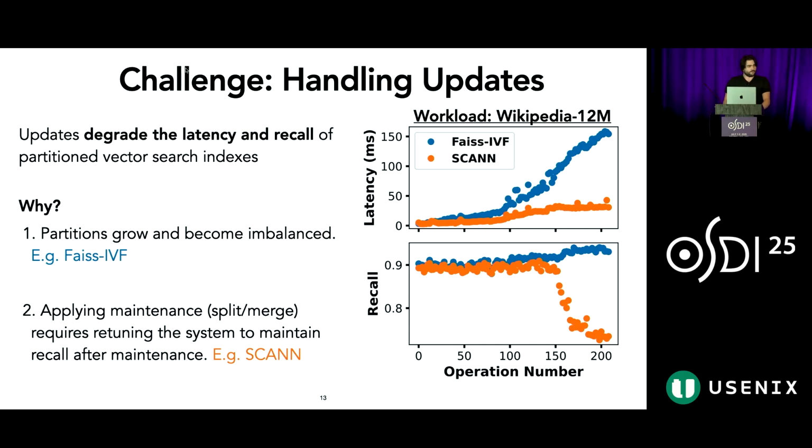You can see that FAISS IVF's performance explodes over time because the partitions become imbalanced, and it has to scan extremely large partitions in order to reach a high recall target. SCANN is able to mitigate this through splitting and merging, but if you look at the recall plot, you see that its recall falls off a cliff. This is because it's constantly adding more partitions to the index, and therefore you need to tune nprobe, the number of partitions you're scanning, as this happens.